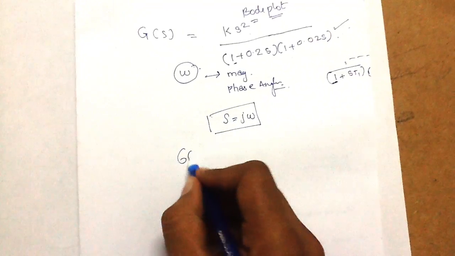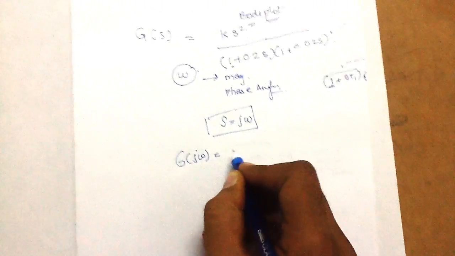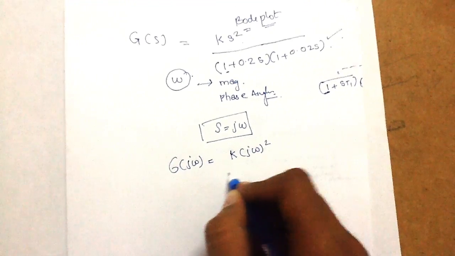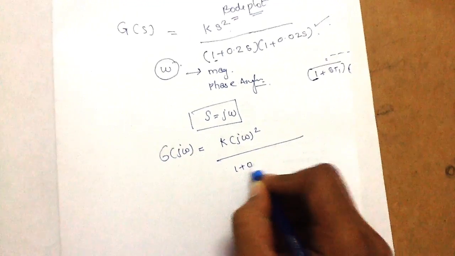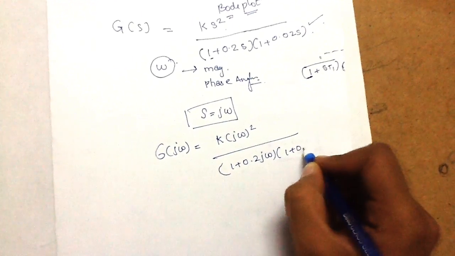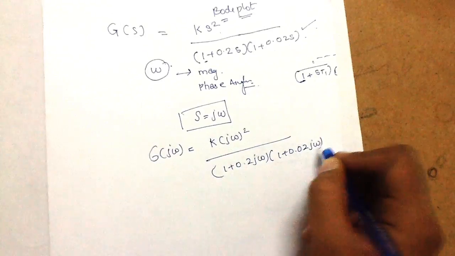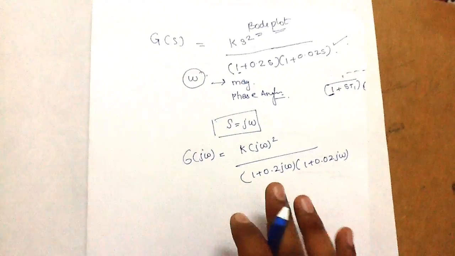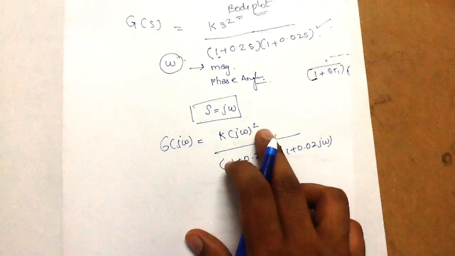So you get G(j omega) equal to K into (j omega) squared by (1 plus 0.2 j omega) into (1 plus 0.02 j omega). This is your transfer function after you have replaced s with j omega.